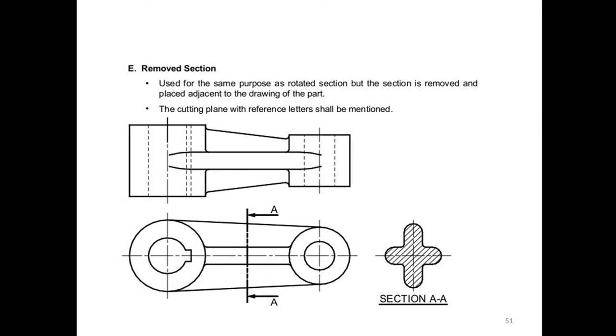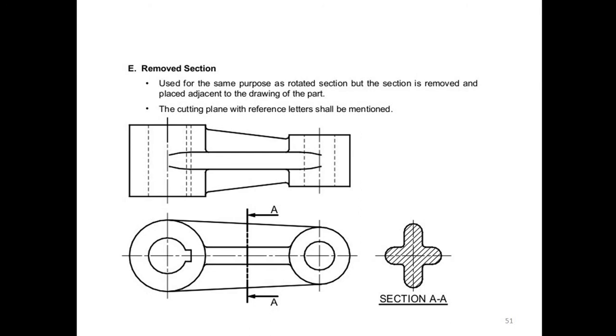Here, cutting plane A, that is sectional plane A, is there, and it is used for the same purpose as a rotated section, but the section is removed. That section of the part is removed from the component and placed adjacent to the drawing of the part, somewhere else. From this it is clear that cutting plane A is there, the geometry is shown in the figure, that is section A, and it is drawn adjacent to the figure.